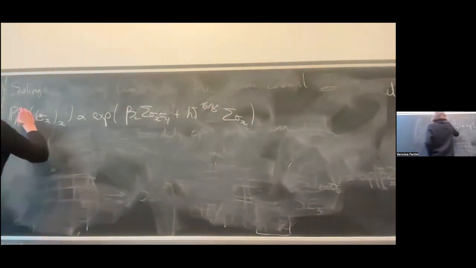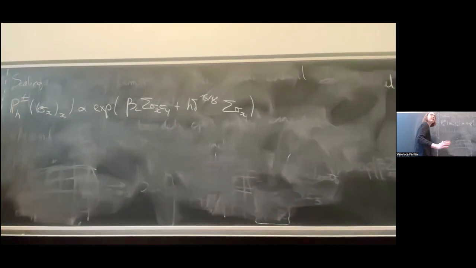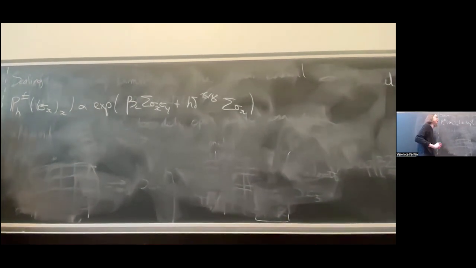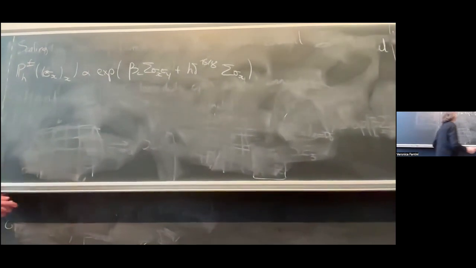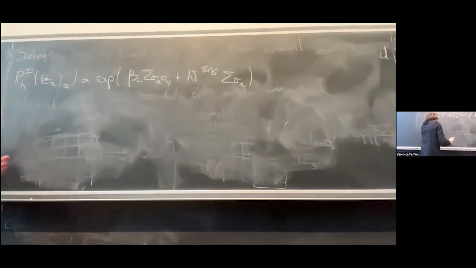I will put a plus-minus here to say that I have those Dobrushin boundary conditions, plus on the left and minus on the right. It implicitly depends on delta, the mesh size of my graph, but for the moment I will just ignore this.